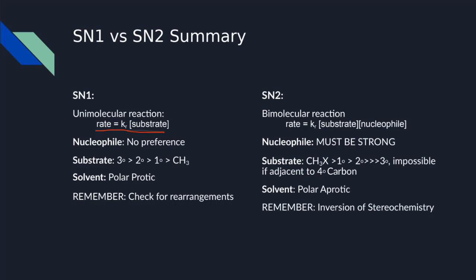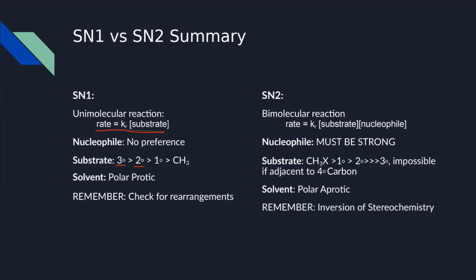Some other things to consider are also that our substrate preference trends are opposite. For SN1 reactions, we're going to be trying to stabilize our carbocation. And because of that, we're going to be looking to have more substituents nearby. We're going to look for tertiary and secondary over primary and methyl groups.